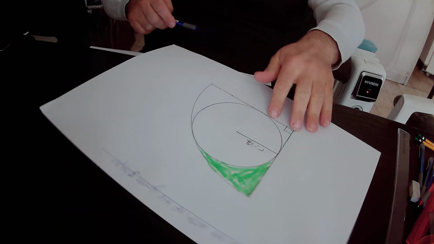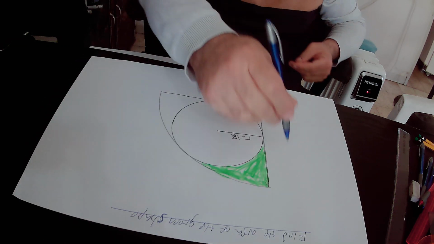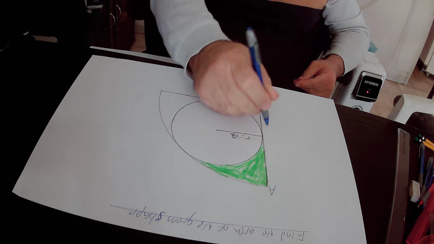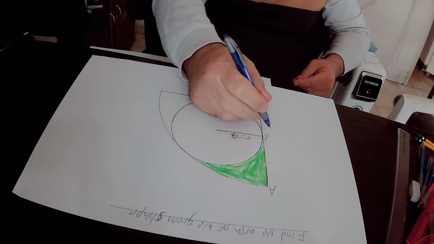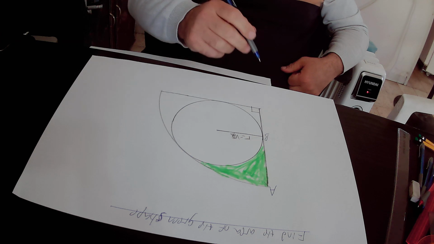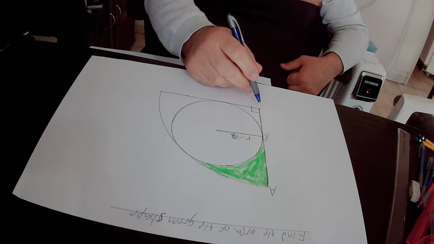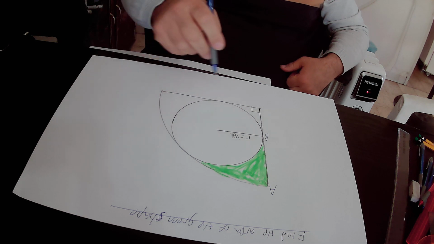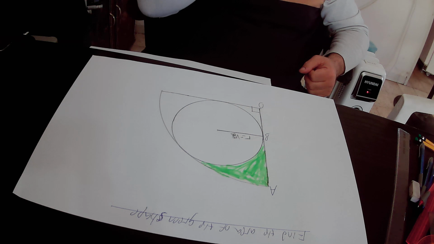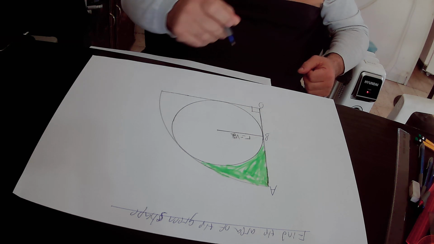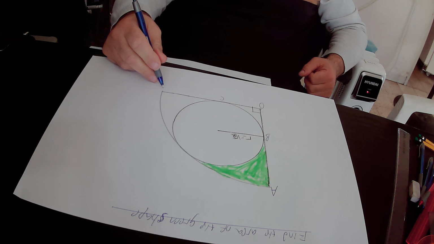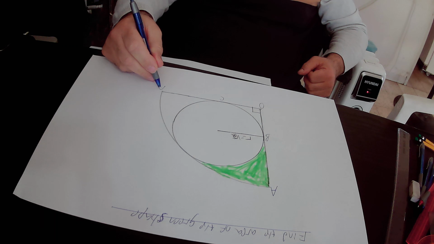We define this point as A. We define this point as B. We define this point as the center of the quarter circle, therefore we define this point as O. We define this point as C. We define this point as D.